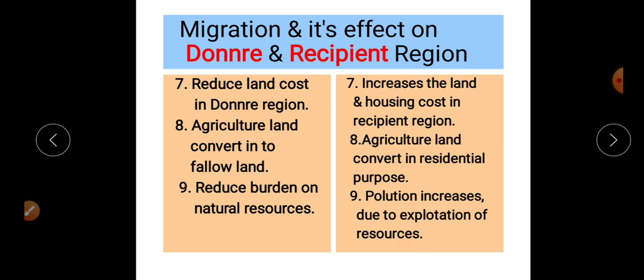There is exploitation of all types of resources, for example land, transportation facilities, education facilities, and basic and government amenities are utilized by a large number of people, and that's why pollution increases. For example, traffic jams, air pollution, noise pollution, water pollution.